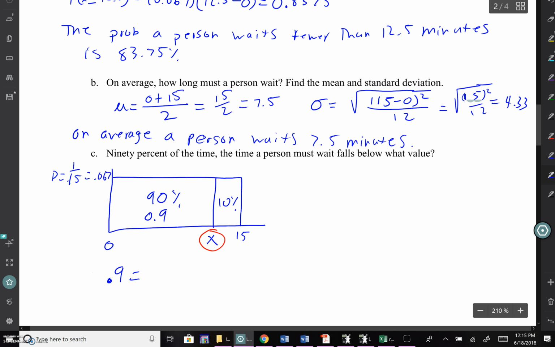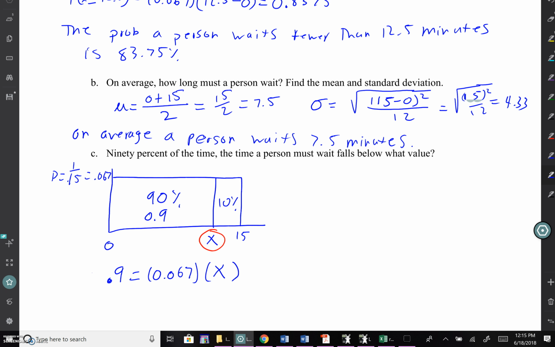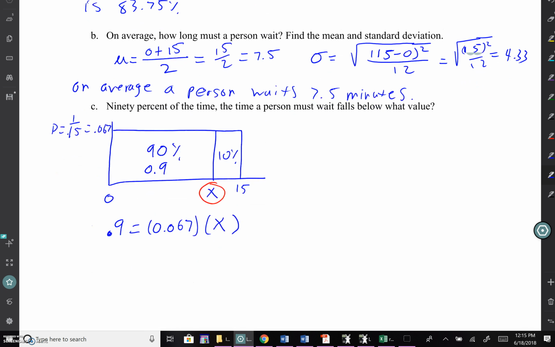And you can use the 1/15 or the decimal, doesn't matter. And what I'm multiplying by would be x minus 0, which just gives us x. So we do have to do a little bit of algebra. How am I going to figure out what x is?